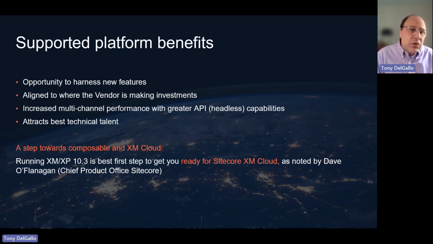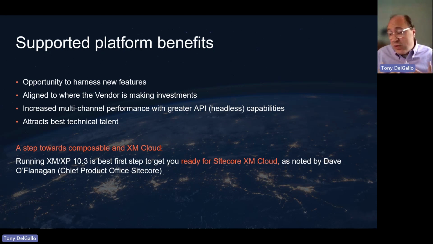We also want to make sure, and this goes for really lots of software, to try to be on the latest version or some mainstream support, so that you're where the vendor is making those investments, right? You're basically on the roadmap as opposed to something in the past. Even though it runs for you, you want to know the direction they're going and you want to be aligned to it.